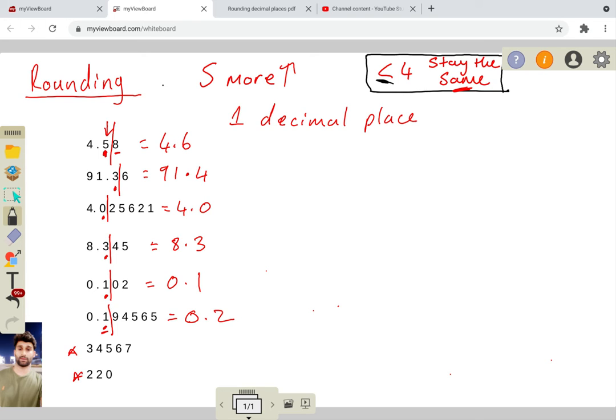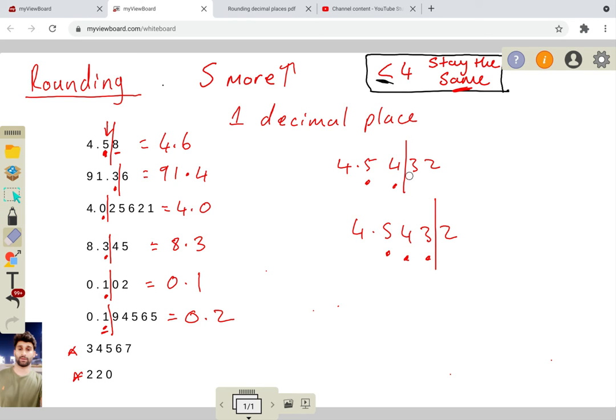Now 2 decimal places, 3 decimal places is exactly the same thing with drawing the line, but let's say you had 4.432. So if I want to round this to 2 decimal places, I count 2 numbers after the decimal, then draw the line. So I count 1, 2, then draw the line. If I wanted to round it to 3 decimal places, I count 3 numbers after the decimal, 1, 2, 3, and then draw the line.